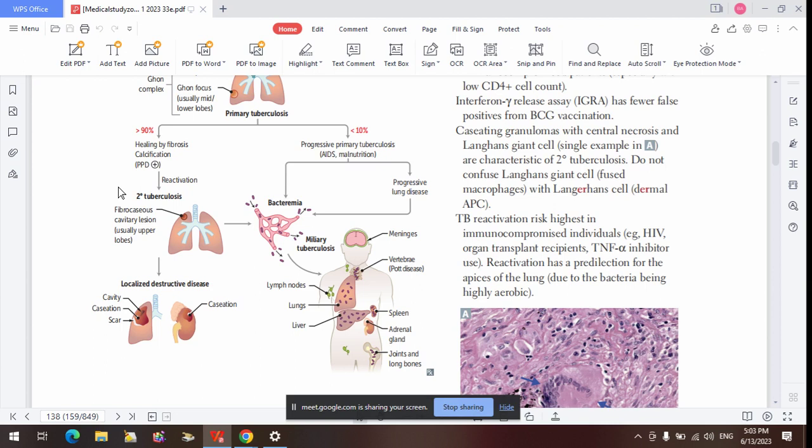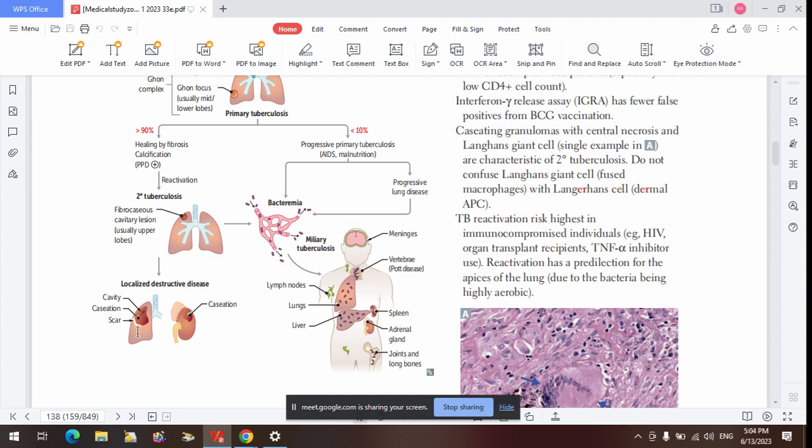In some situations, maybe 10 to 20%, it is due to getting infected the second time by tuberculosis again. So that causes a local destruction of the lungs. Do you understand the way tuberculosis can present now? Yeah. Okay.